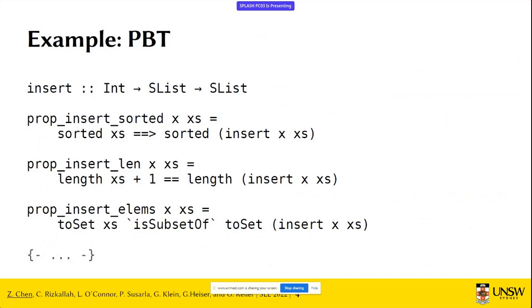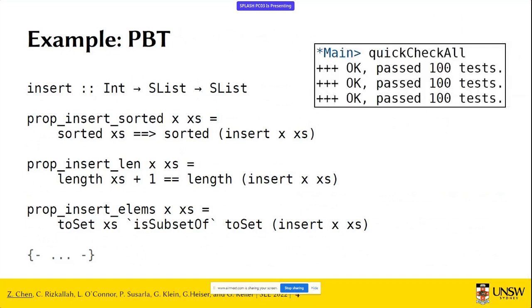That's one property. Another property is that the length of the list should be incremented by 1. Another is about the set inclusion relationship between the old list and the new list: everything in the old list should also be in the new list. There are tons more properties that you can state about this function.